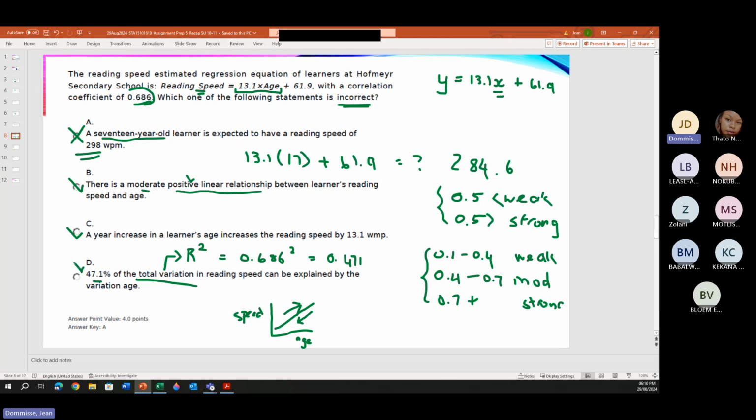So 47.1% of the total variation is explained by the variation in age, and how we get to that is basically to look at your R square. So your coefficient of determination is actually also looking at that total variation. I think we have done this last time, but again, just good to refresh on this one.